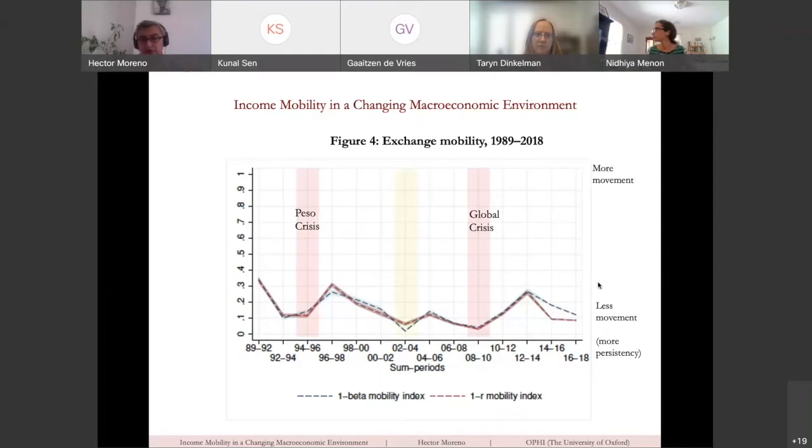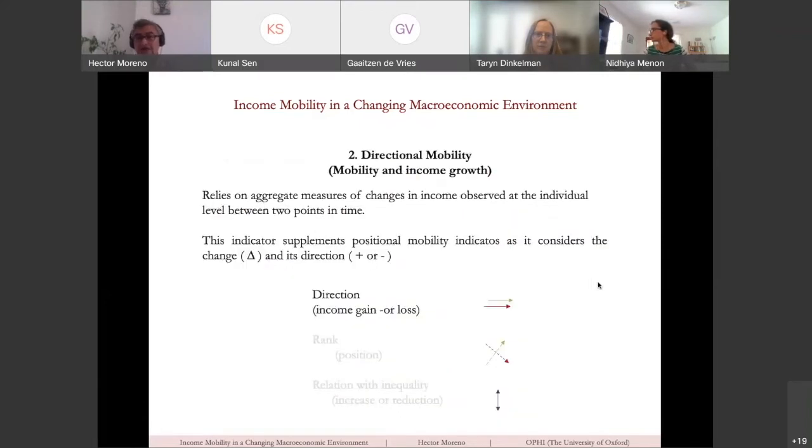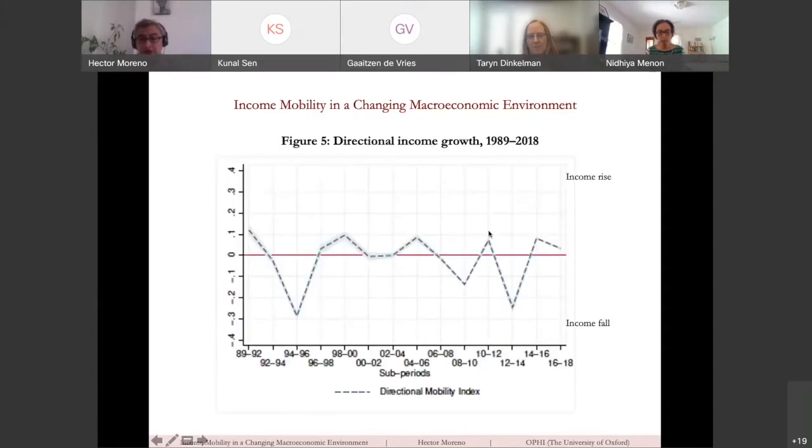So this is what we observe when we focus on exchange mobility. But what happens when we add new information and we consider the sign of this change, whether it's an income gain or an income loss? So again, I'm going to use the directional mobility index. In this case, positive values imply income rise, negative values imply income fall.